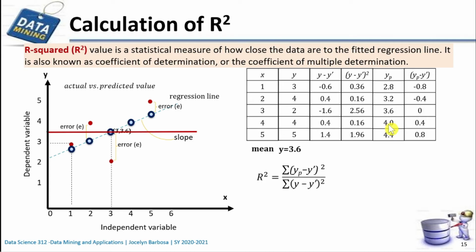Then 4 minus 3.6 is 0.4, 4.4 minus 3.6, which is the mean value of y, we have 0.8.